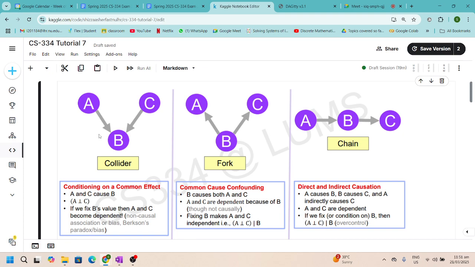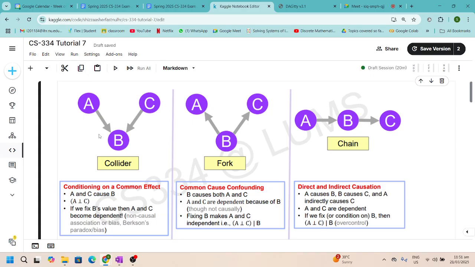That is what we mean by a common effect. When all paths are blocked, we say that the two nodes are independent of each other. So when you condition on a collider, you essentially remove that blockage and you open that path. And that sets our base. Are there any questions at this point before we move on to our practice questions?